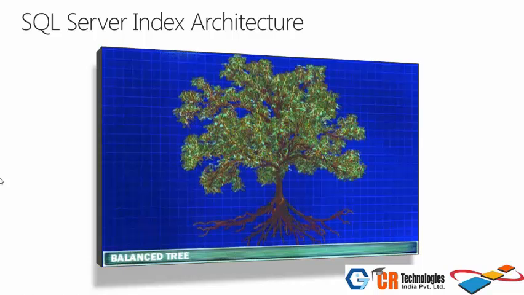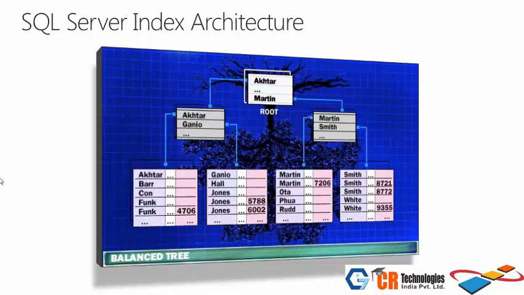SQL Server indexes are implemented as a type of balanced tree, or B-tree structure. Similar in concept to a tree, the B-tree diagram consists of a root, non-leaf level, and leaf level. However, in B-tree diagrams, the tree analogy is inverted. Indexes have a single root page.